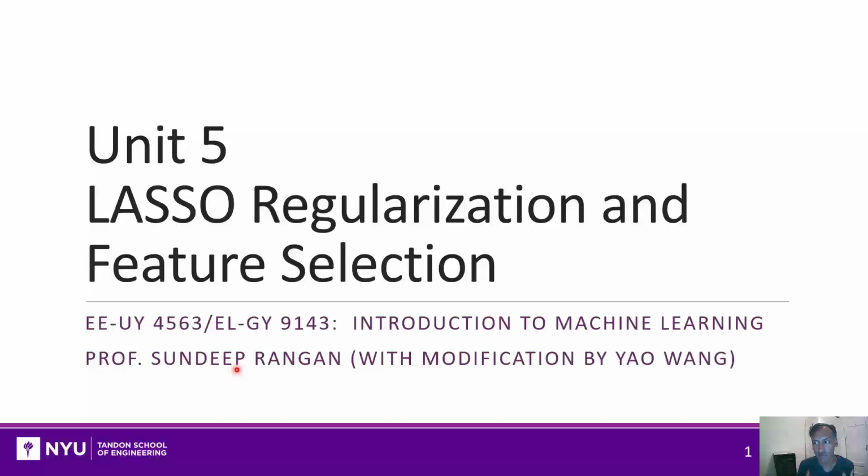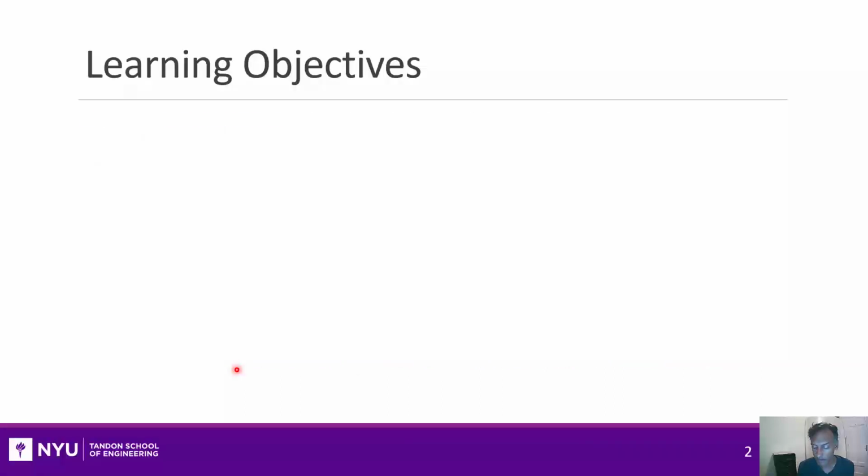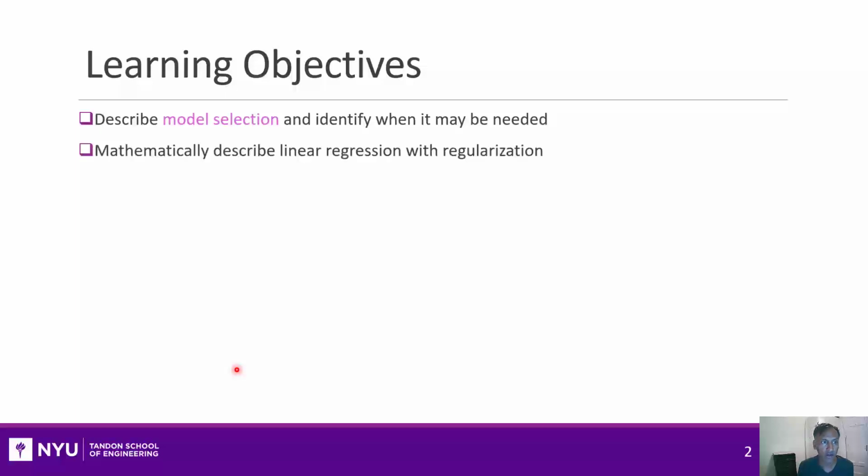Feature selection is really one of the most basic tools in machine learning, which tells you roughly what features or what variables you should use in your problems. So in today's unit, I'm going to try to define feature or model selection a little more carefully. I'm going to show you how to mathematically formalize that with a technique called regularization.